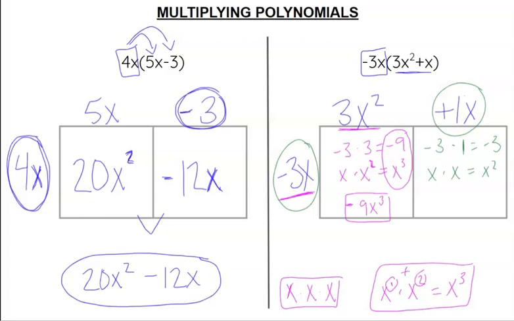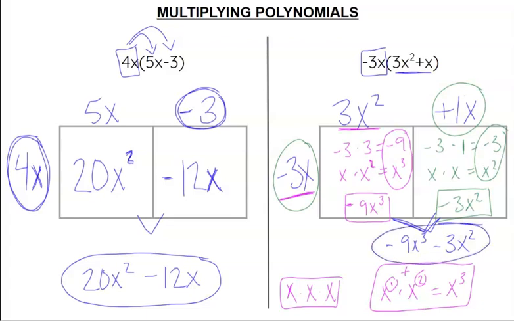We have 2 total x's, so x squared. So we put those pieces together and it becomes negative 3 times x squared. And then we put those two pieces together to become our final answer of negative 9x to the third power minus 3x to the second power.